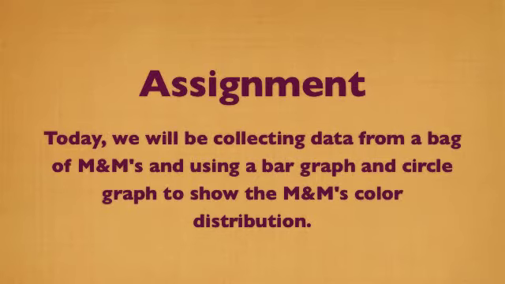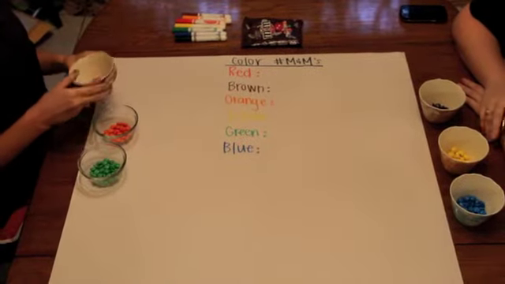Today, we will be collecting data from a bag of M&Ms and using a bar graph and circle graph to show the M&M's color distribution. The first step is to collect your data.